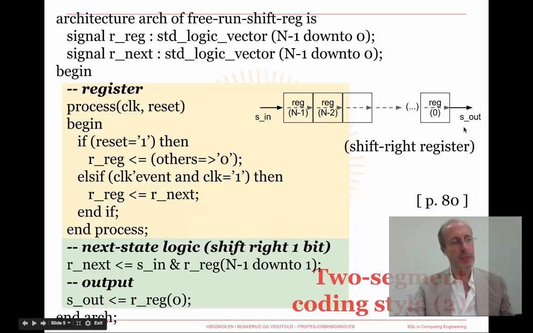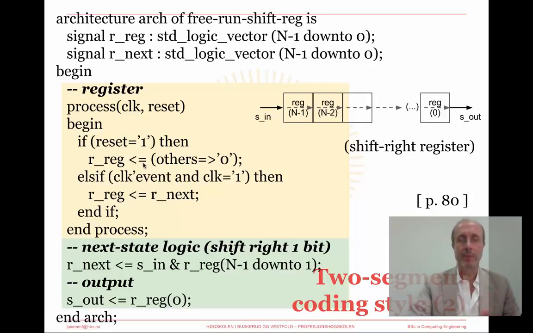Please notice that the state register section, which is highlighted here, will be the same for every type of regular sequential circuit, because what we are doing here is independent of the type of logic function carried out by our circuit.